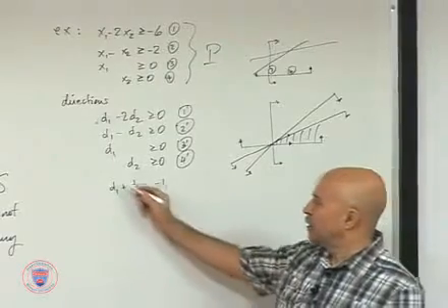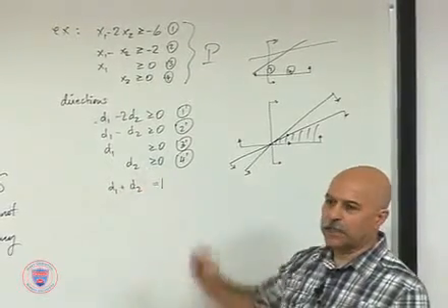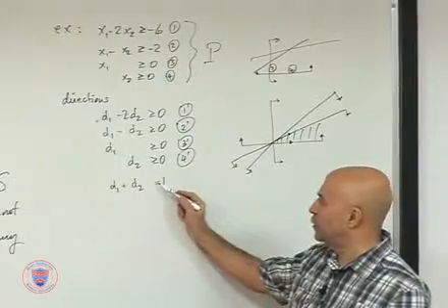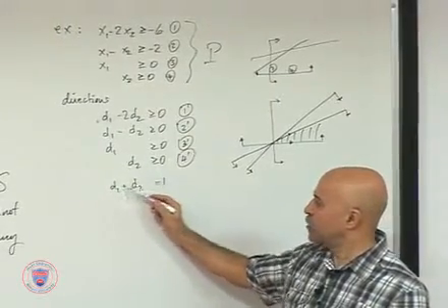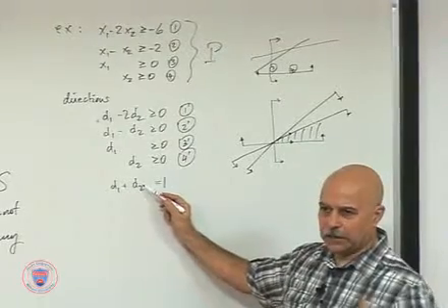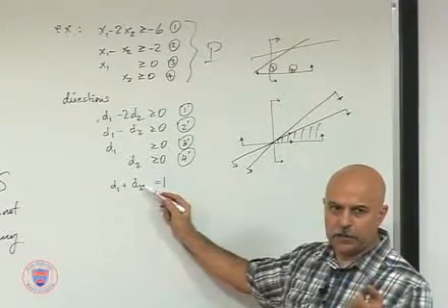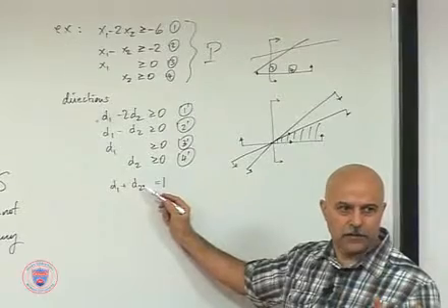Okay, so the absolute value of the first component plus the absolute value of the second component add up to 1. When you normalize this, you're forcing the d vector, d1, d2, to be non-zero.